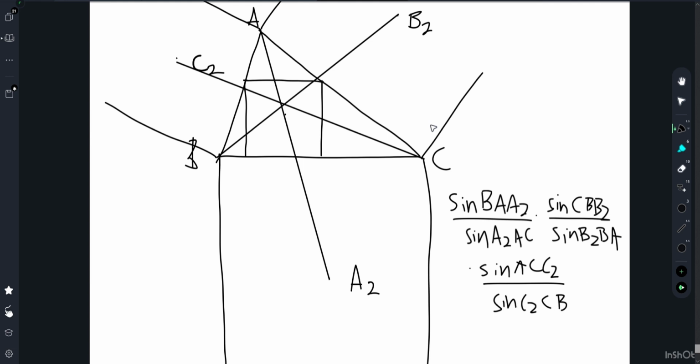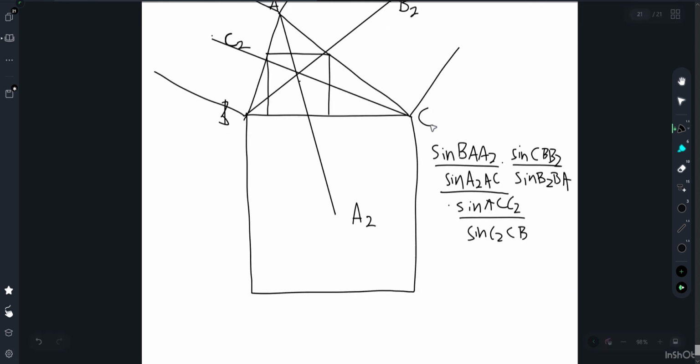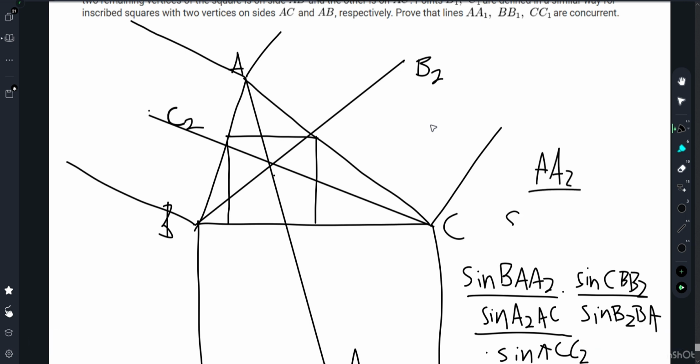So let's first take a look at this. So by law of sines on triangle ABA2, we get AA2 over sine ABA2 is equal to BA2 over sine BAA2.